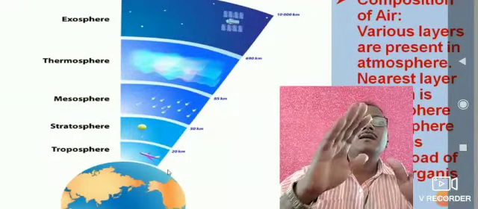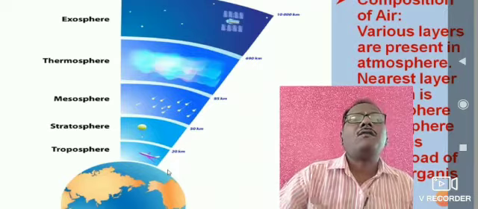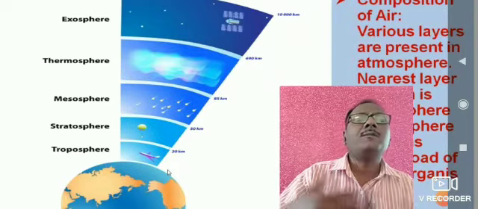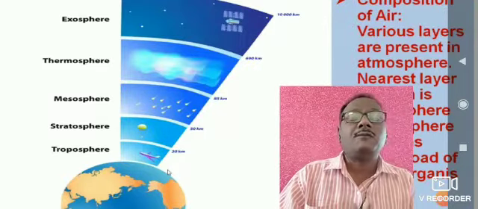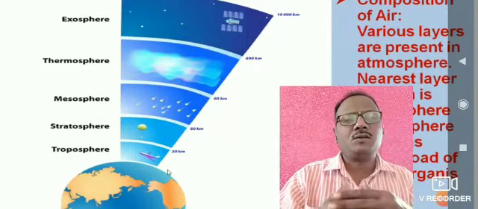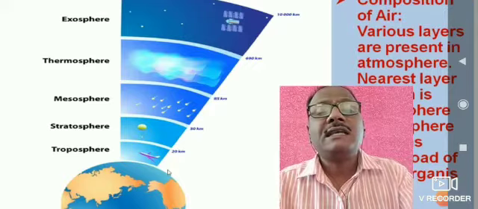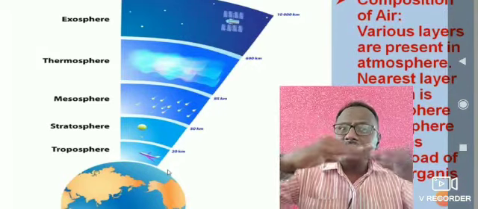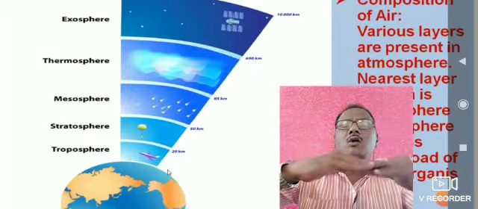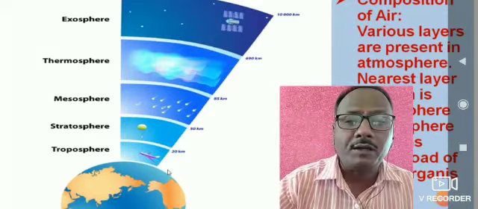This is the composition of the layers of air. Various layers are present in the atmosphere. The first layer is called the troposphere, just above the surface of the earth up to 20 kilometers.